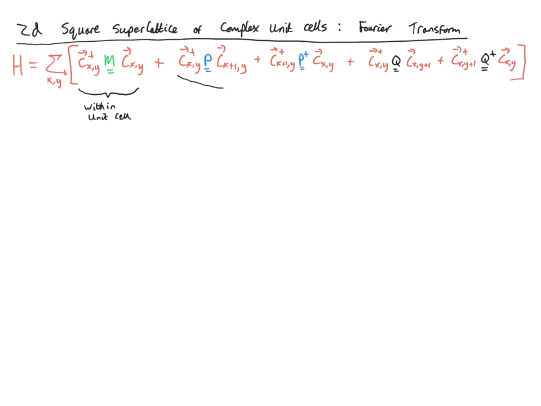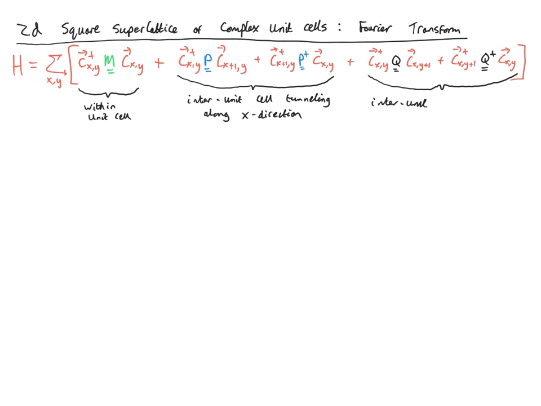And next we see these two terms involving this blue matrix P, and this is inter-unit cell tunneling along the x-axis. And then likewise, I have this black matrix Q, which describes inter-unit cell tunneling along the y direction.